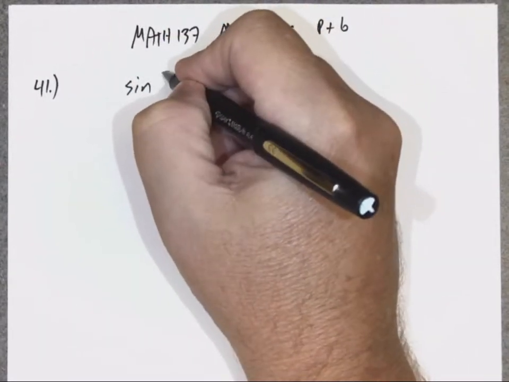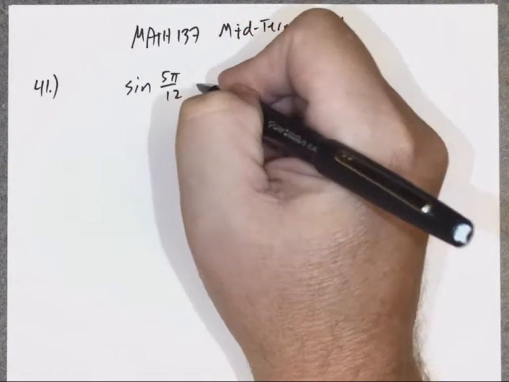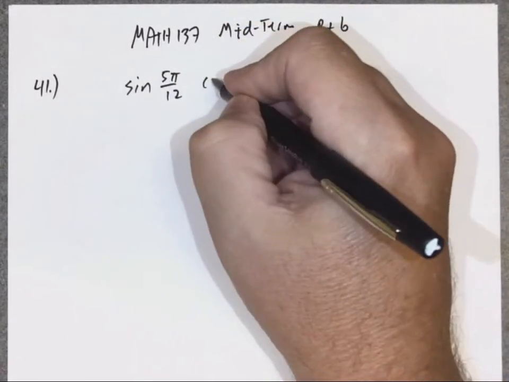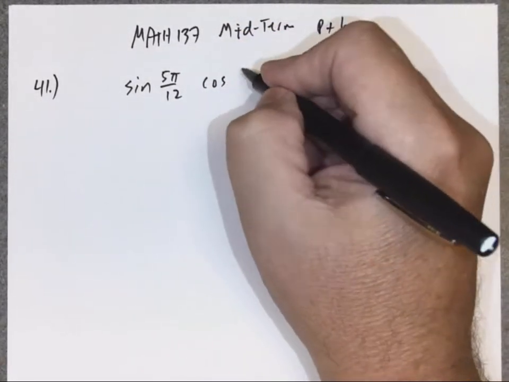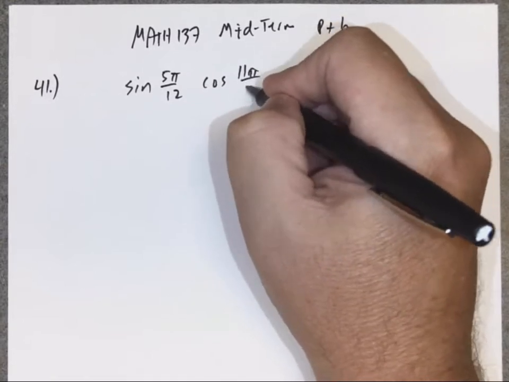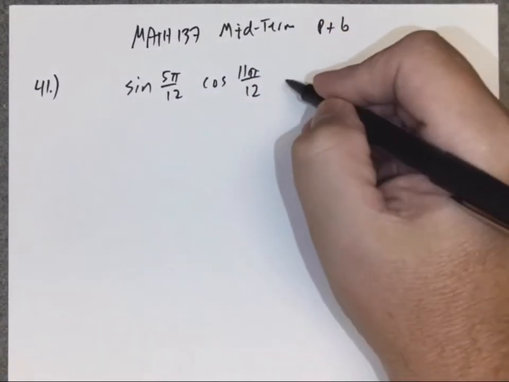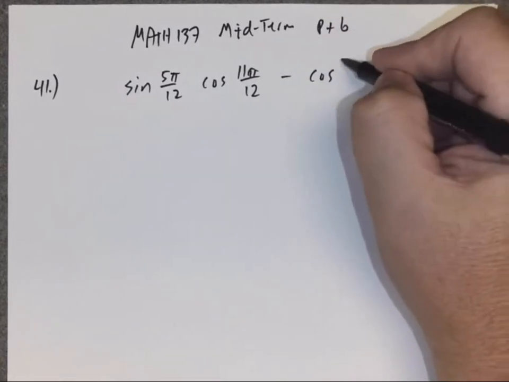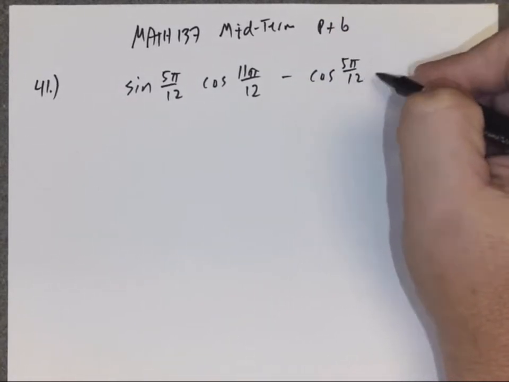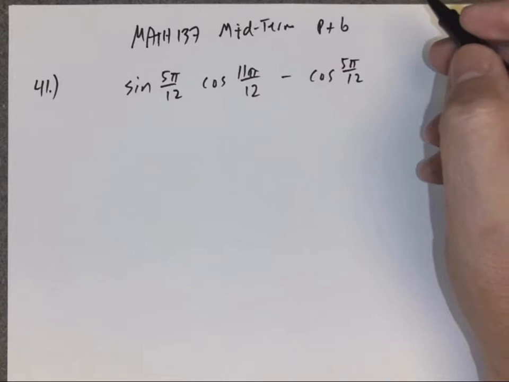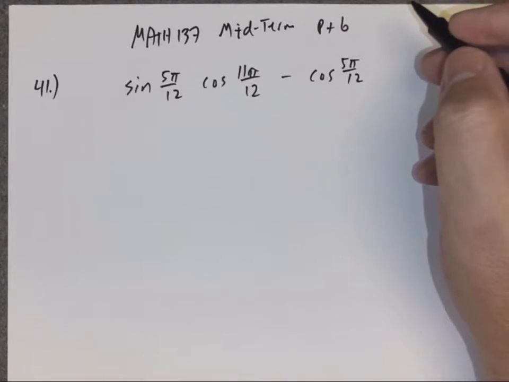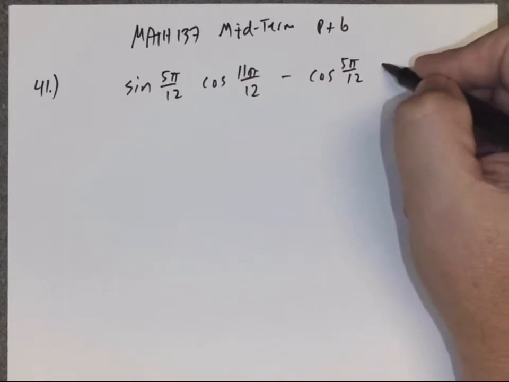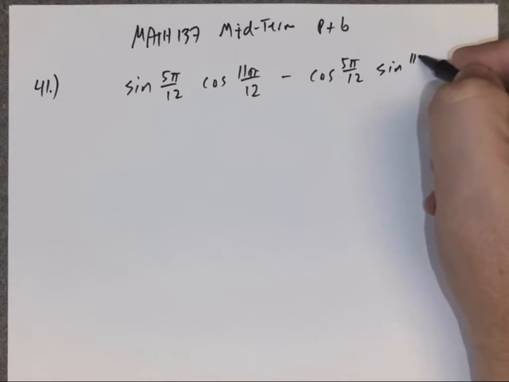Looks pretty messy. Sine of 5 pi over 12 cosine of 11 pi over 12 minus cosine 5 pi over 12 sine.